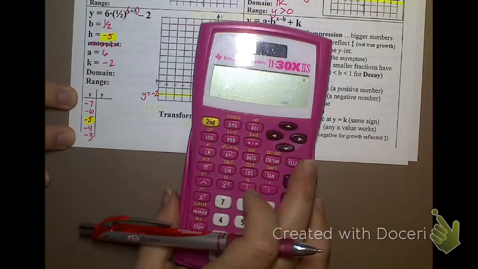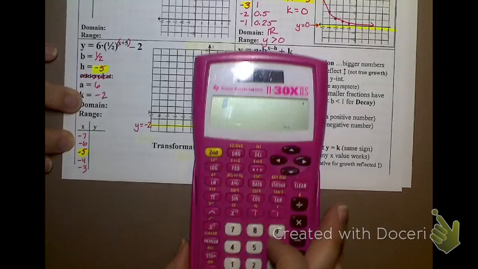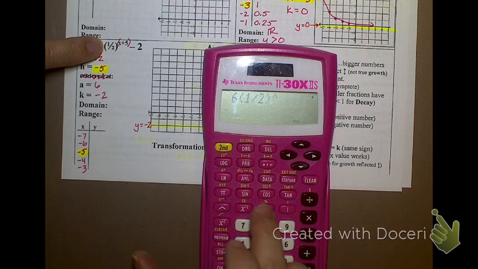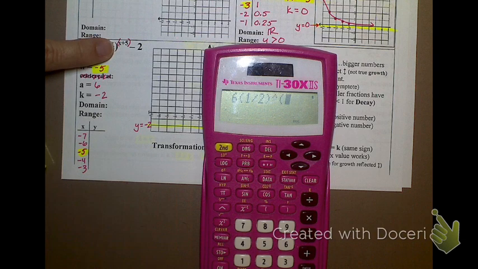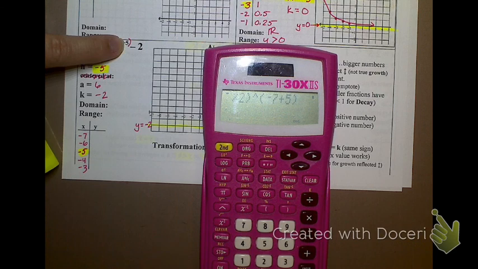Okay? All right. So there's some parentheses in this equation. I'm going to need to make sure that I put these in there. So 6 parentheses 1/2. Again, you could use your fraction button if you want to. To the parentheses, what's my first x value? Negative 7 plus 5, close parentheses because you're done with that exponent, minus 2.